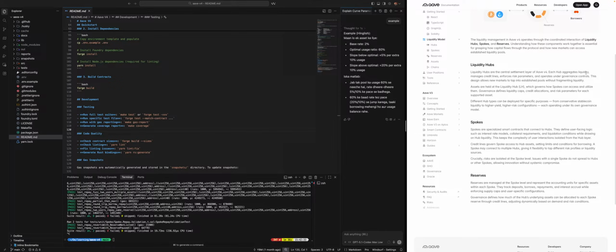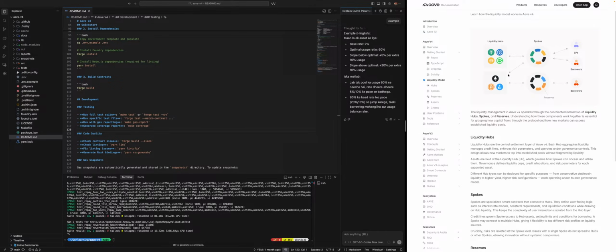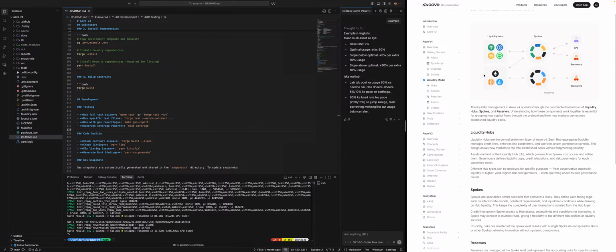Each hub aggregates liquidity, manages credit lines, enforces risk parameters, and operates under governance control. I'm not sure whether the actual liquidity resides under liquidity hubs or spokes, but my best guess is that it's the liquidity hubs, and of course it has the word liquidity.